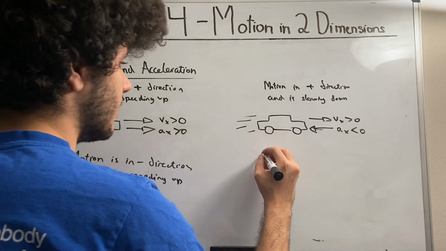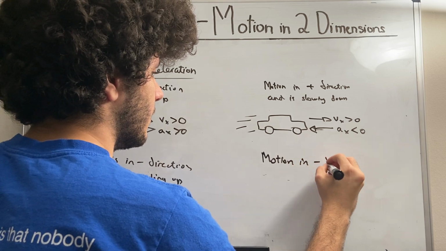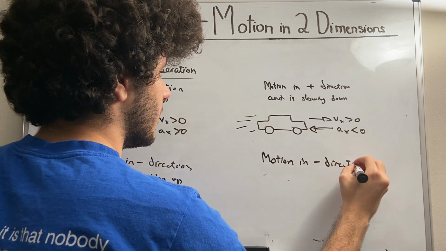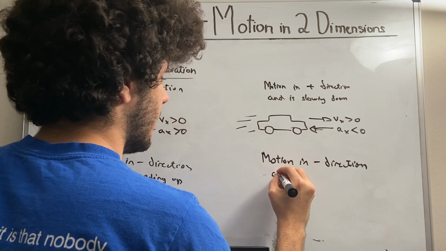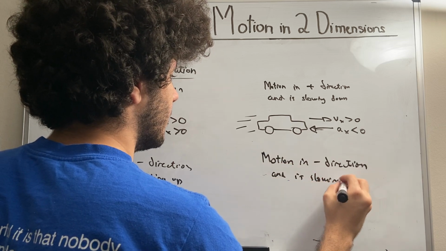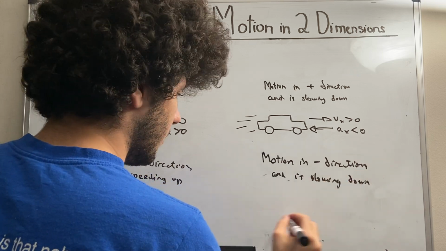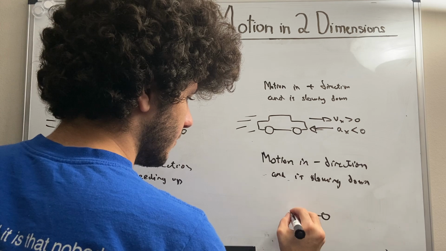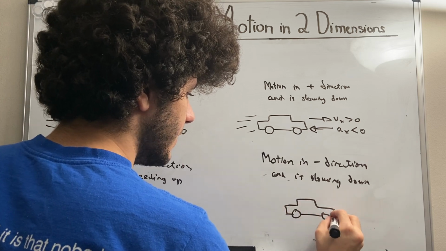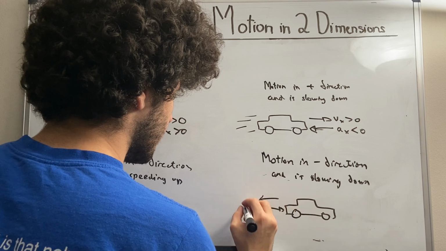The speed, meaning the magnitude of that velocity, is increasing, though the velocity is becoming more and more negative. And if we think about it, if we have motion in the negative direction and the car is slowing down, well then our intuition at this point should pretty much tell us that the acceleration and the velocity vectors are going to be in opposite directions.